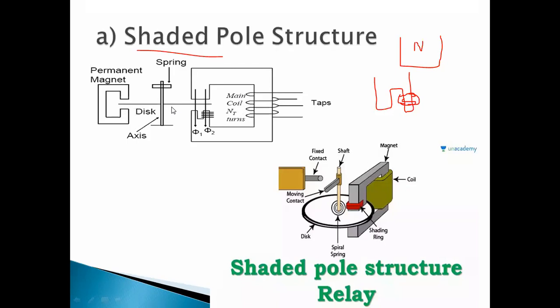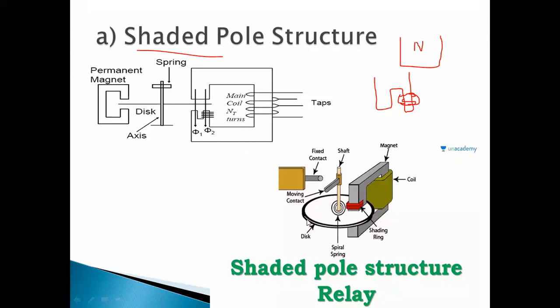The disc is provided here, and this shading is used here. Shading means one copper coil for this pole. There are two poles here, and half part of one pole is shaded by this copper coil. That is nothing but the shading.